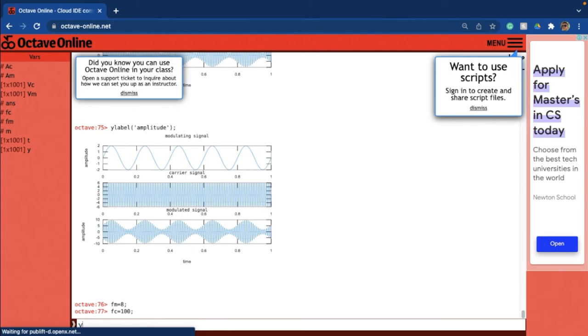Let me take Y and repeat. Y is equal to 1 plus M into VM dot into VC. Alright.